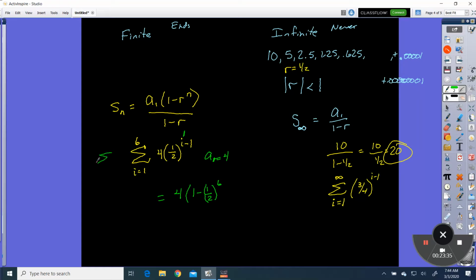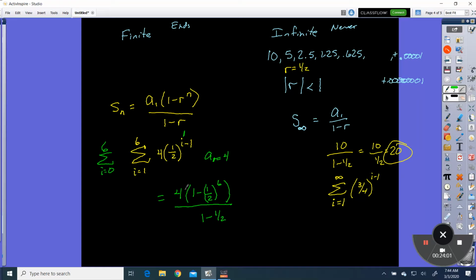If this would have started at 0, how many terms are there from 0 to 6? 7. Because you're starting at 0 instead of at 1. So it adds 1 more on. So be careful about that. That's the trick they'll throw at you. Now it's all over 1 minus r, which is 1 minus 1/2.